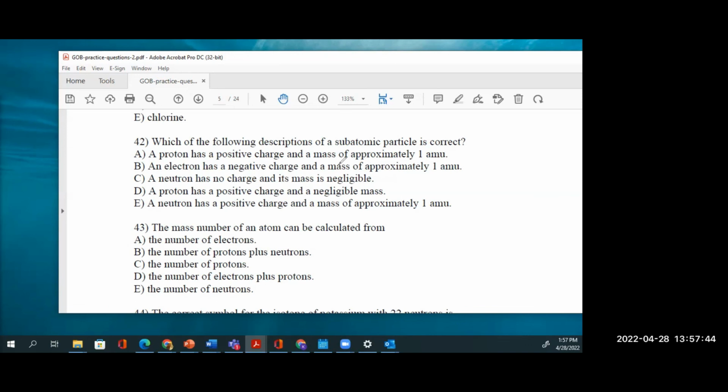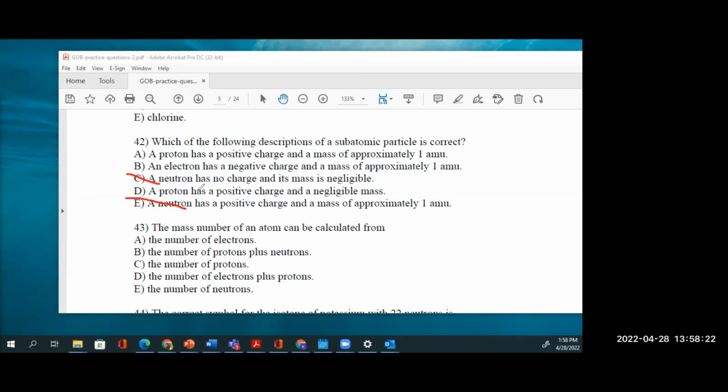Atomic mass units. Yeah. So the correct answer is, we know that protons are positive or negative? Positive. So we can get rid of this one because we know that one's wrong. And we know that neutrons are neutral, no charge. So that could possibly be right. But we know that the mass of the element is dependent on the neutrons, so we know that's wrong.